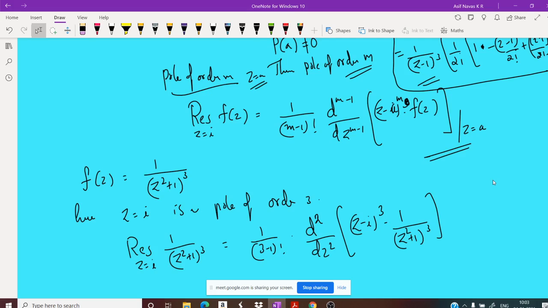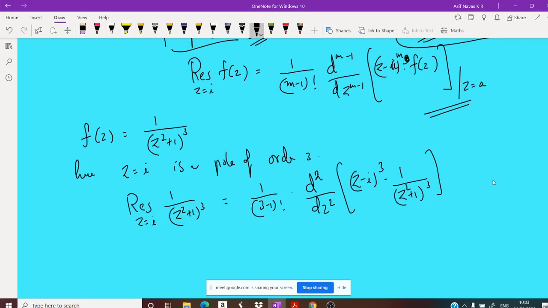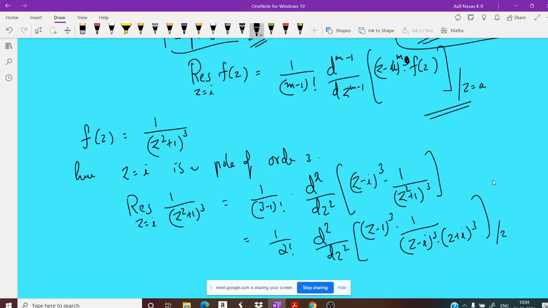If we find this, it will become very easy. So this is 1 by 2 factorial into d square by dz square of (z minus i) all cube into 1 by (z minus i) all cube into (z plus i) all cube, at z equal to i.